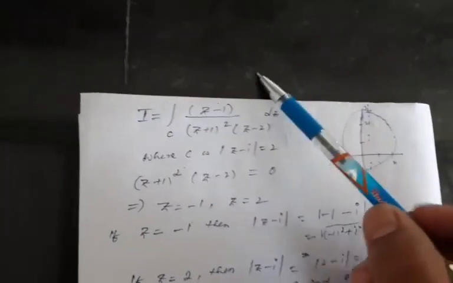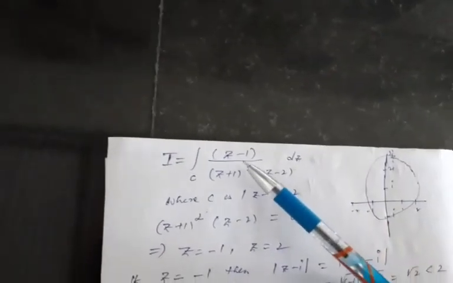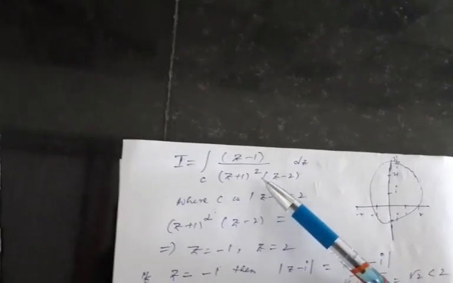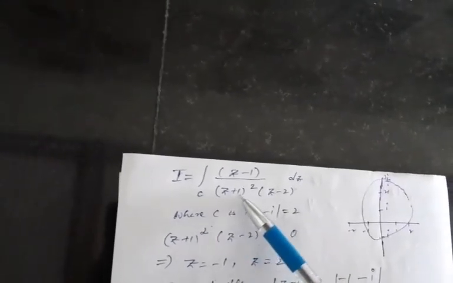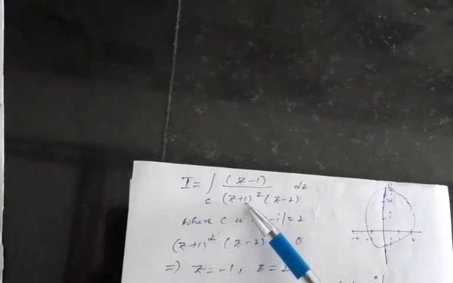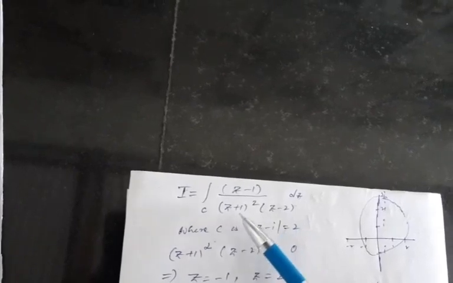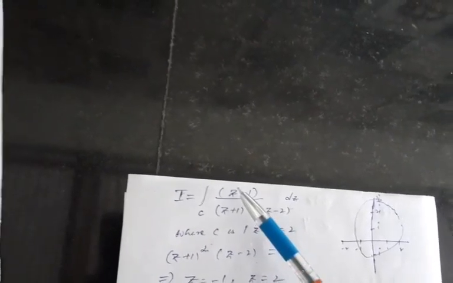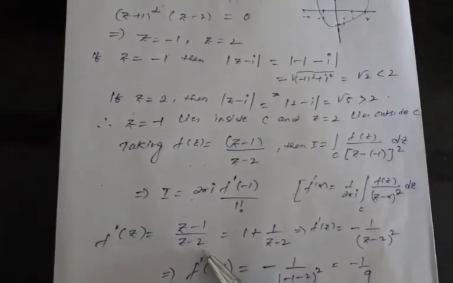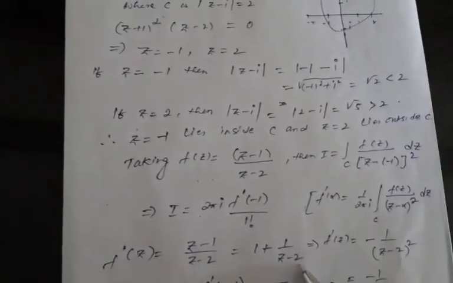Here we have been given z minus 1 divided by (z plus 1) square (z minus 2). So the point z equal to minus 1 lies inside. So keeping this as it is, z minus 1 divided by z minus 2 can be considered as f(z). So f(z) is z minus 1 divided by z minus 2, which can be written in this form also, 1 plus 1 by z minus 2.